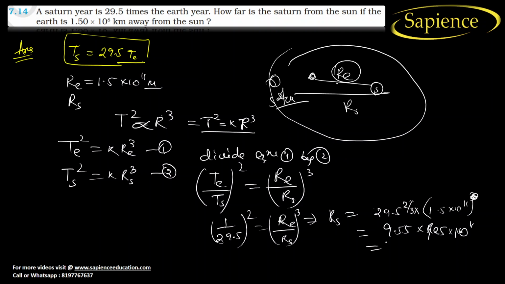From here the final answer is 1.432 into 10 power 22 meter. So this is the orbital radius of the Saturn. I hope you have understood this.